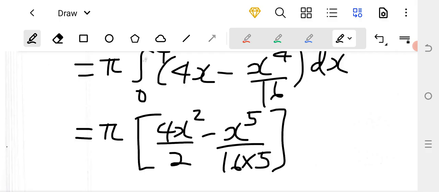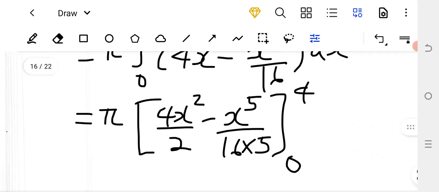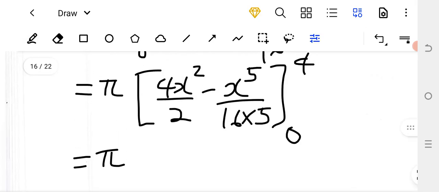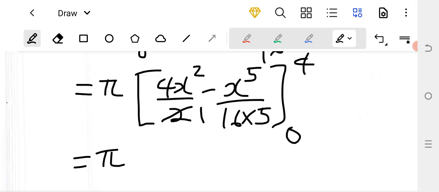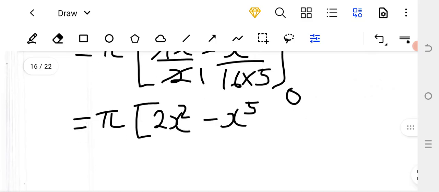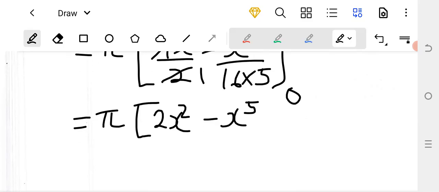Now we are saying the integral from 0 to 4. It's going to be pi multiplied by, if we simplify, 2 can go into 4, 2, multiplied by 2x squared minus x to the power 5, 16 times 5 is 80, from 0 to 4.